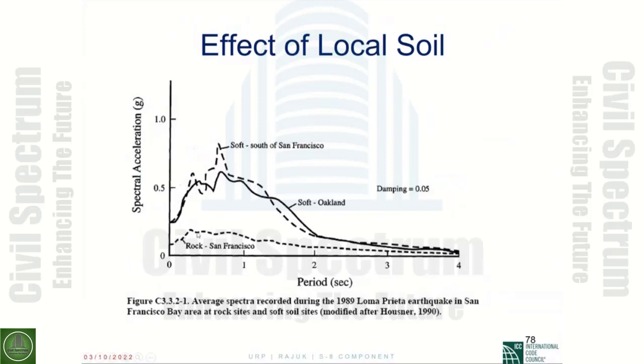This is the bedrock acceleration, and here we have seen the effect of the soil. This is soft soil inside Oakland, and this is soft soil in the south of San Francisco. So you will see how much the amplification of the motion is due to the site effect.